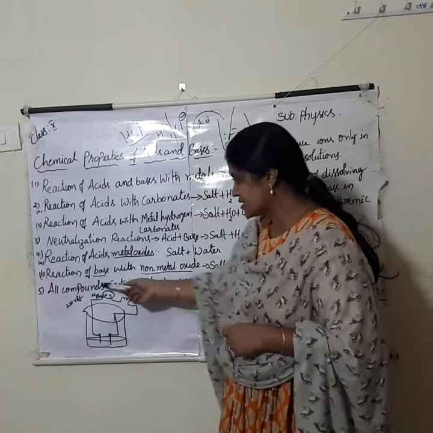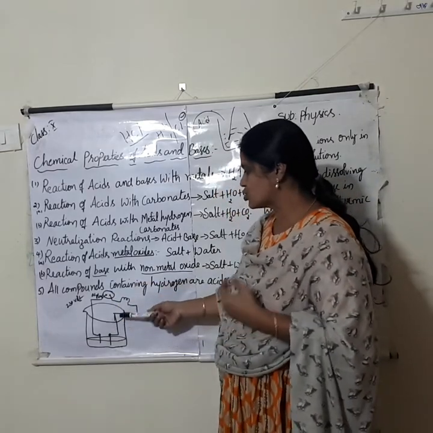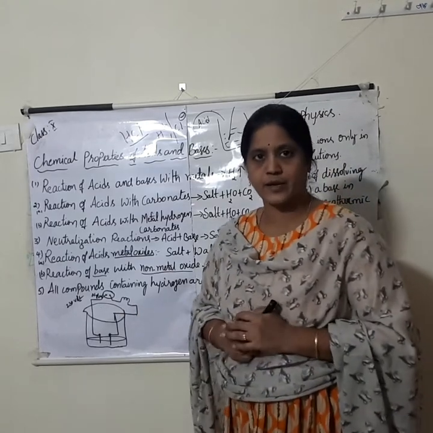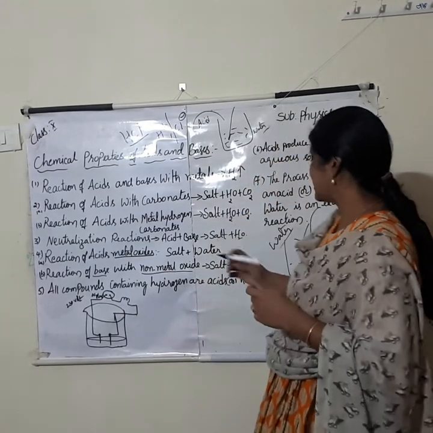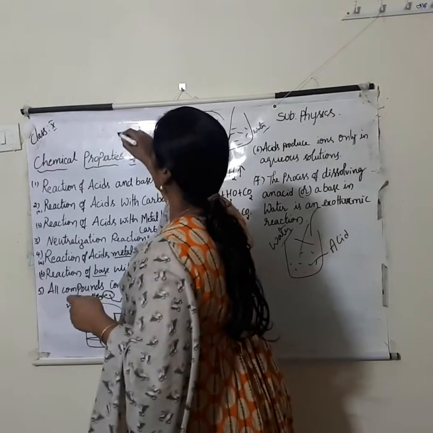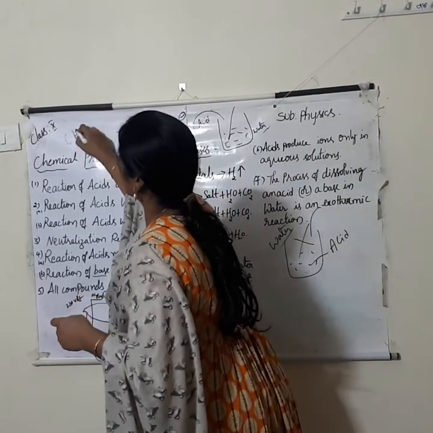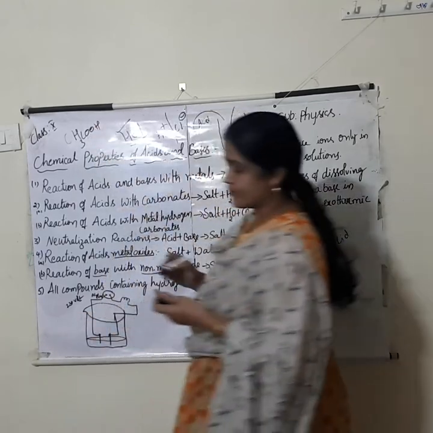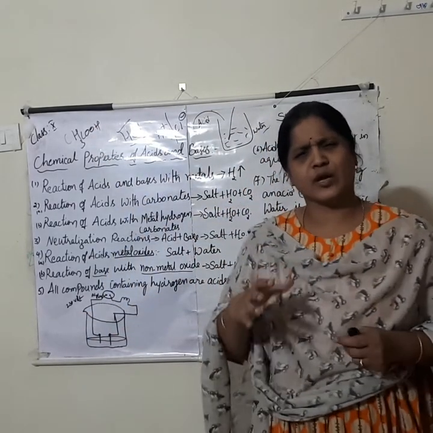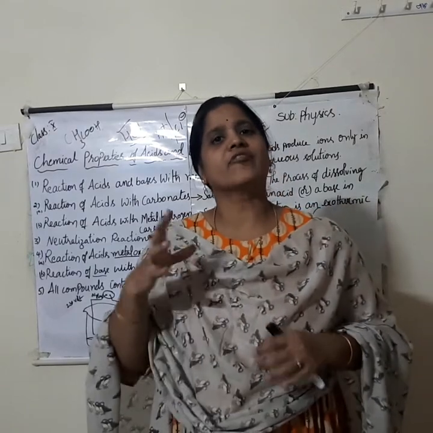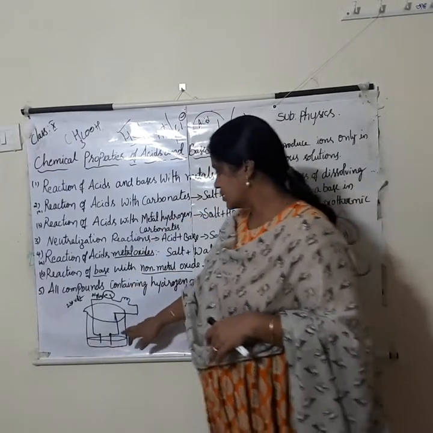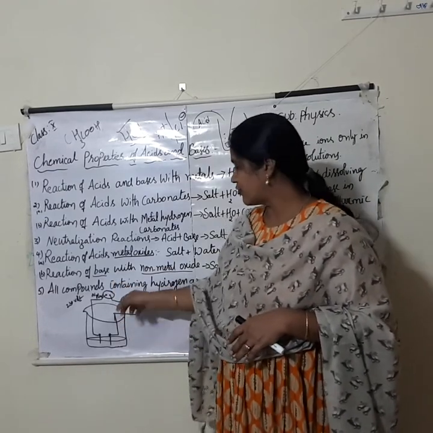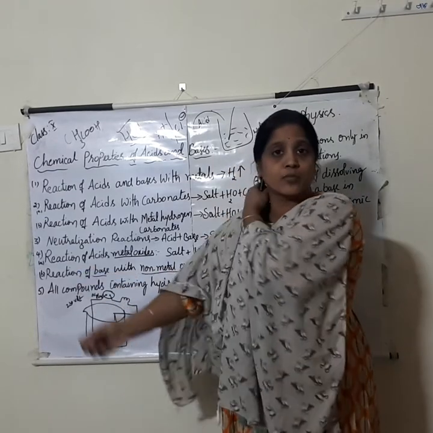Here you see, in this activity we took different solutions. For example, suppose you take a strong acid like HCl and a weak acid like acetic acid, otherwise you take one strong acid and one weak acid, take them in solution and do the experiment and find out how the bulb glows.